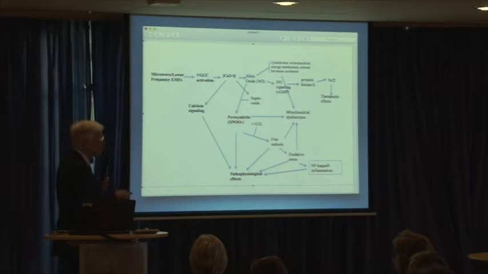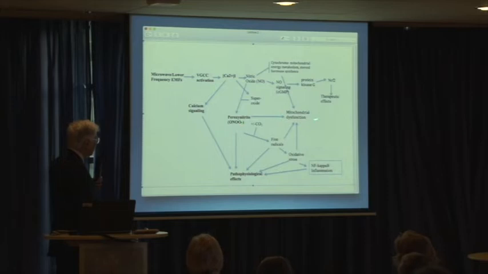It attacks the DNA, proteins, lipids, and other things, and so that can cause all kinds of havoc. And you produce, of course, oxidative stress. All of these things act then to stimulate NF-kappa B and produce inflammation. So all these things can contribute to the pathophysiological effects.